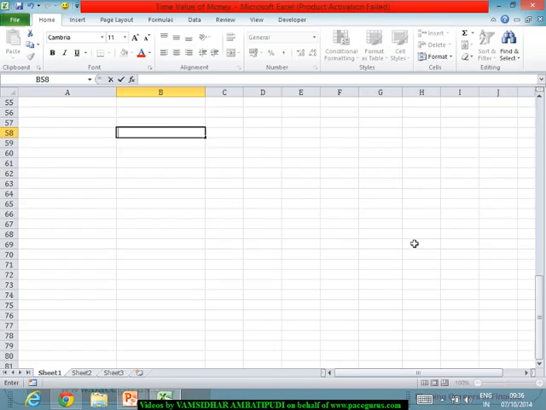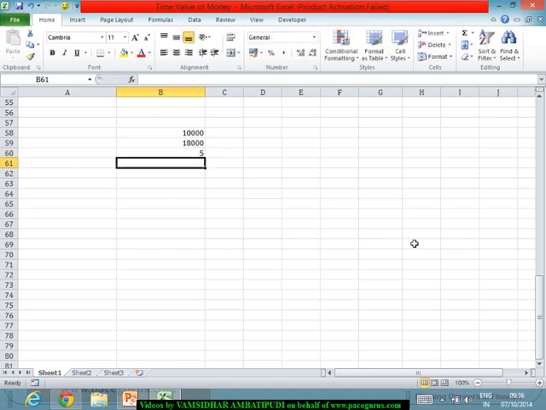So if I am saying, okay, you deposit 10,000 now, I'll give you 18,000 after, let's say, 5 years. If I want to know how much is the annual interest rate, in this case my present value, because I am depositing, is a cash outflow of 10,000, and the future value is going to be 18,000, the number of periods is going to be 5.